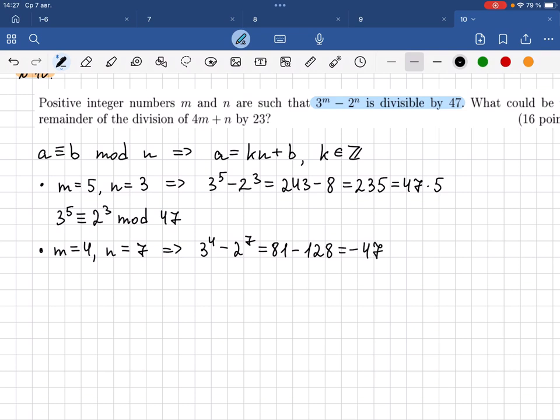Minus 47 equals 47 multiplied by minus 1, which is also divisible by 47. So we also can rewrite it as 3 to the power of 4 equals 2 to the power of 7 mod 47.